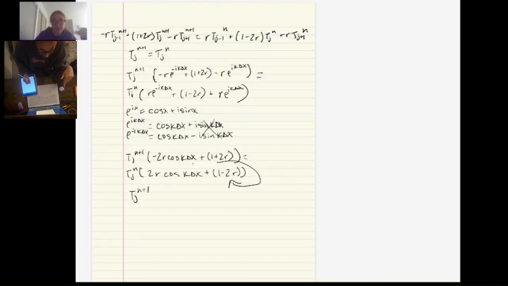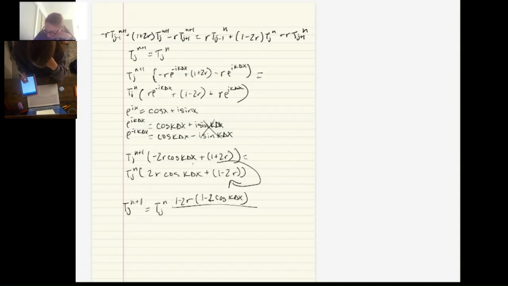So T_j^(n+1) is equal to T_j^n times the fraction. The numerator is 1 minus 2r plus 2r cosine of k delta x, and the denominator is 1 plus 2r minus 2r cosine of k delta x.